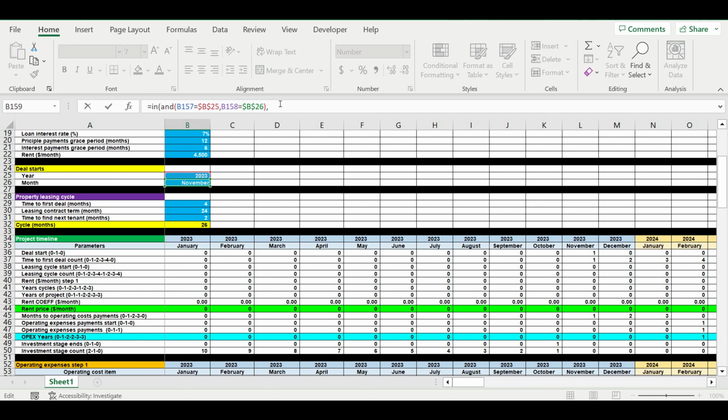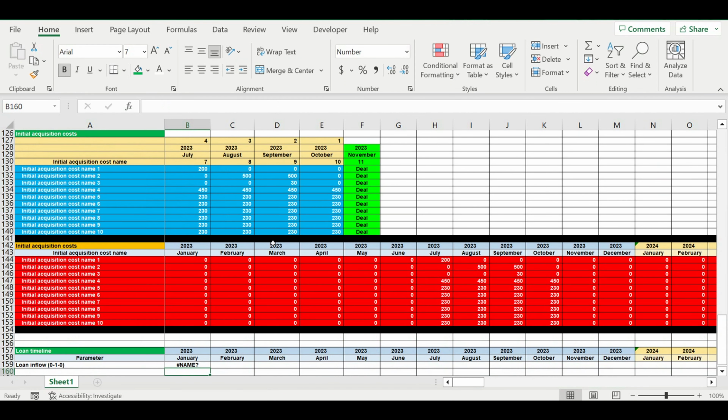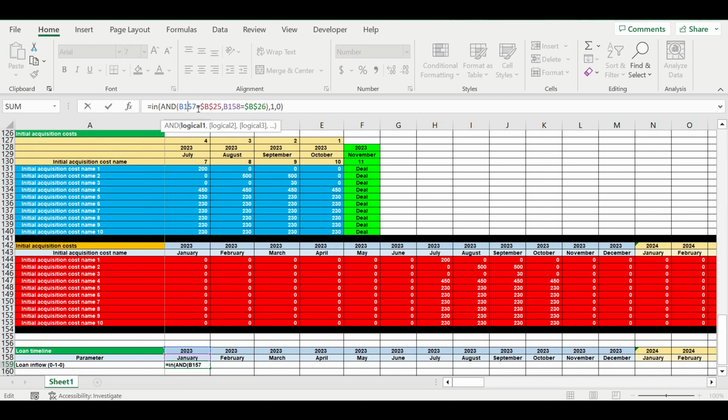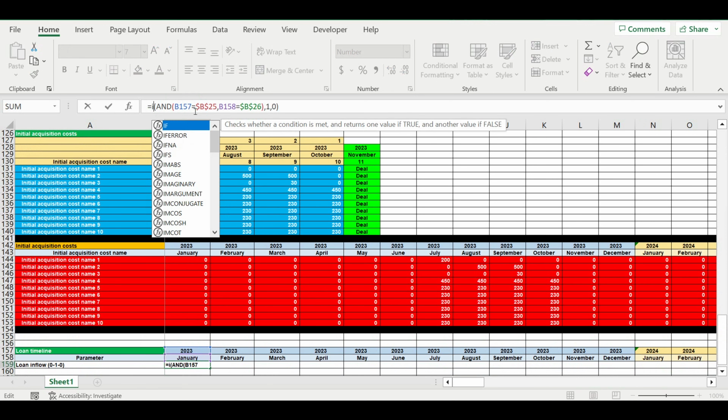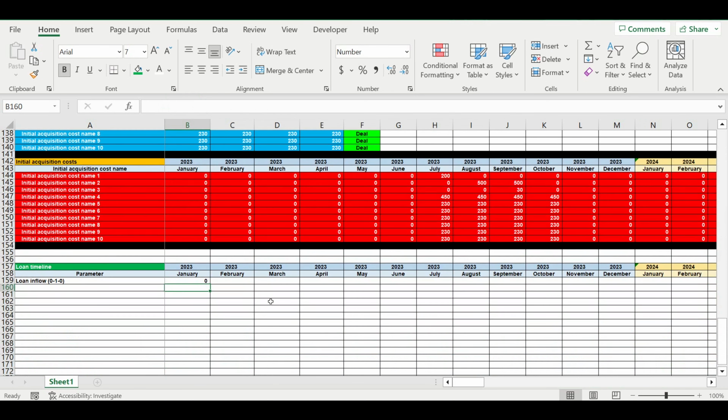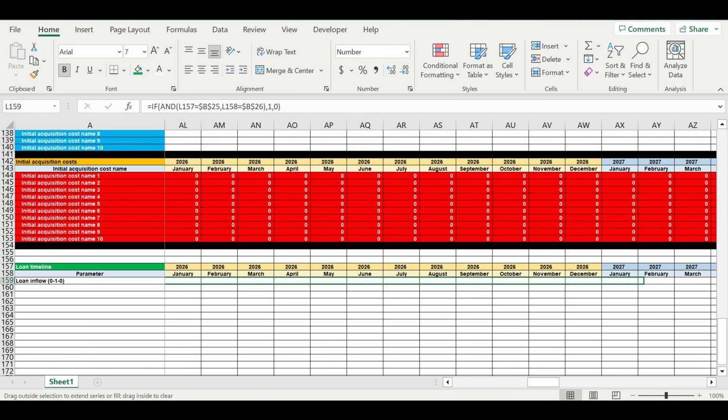Then we are putting here 1, otherwise 0. So this is the moment when we get the loan.